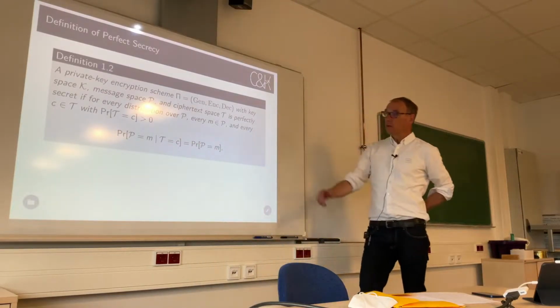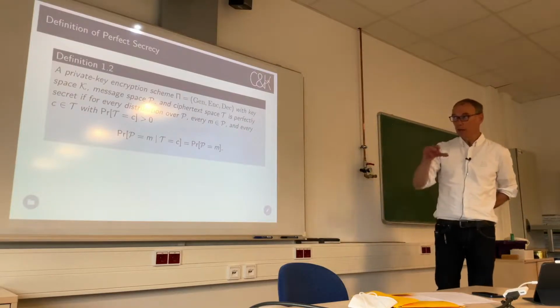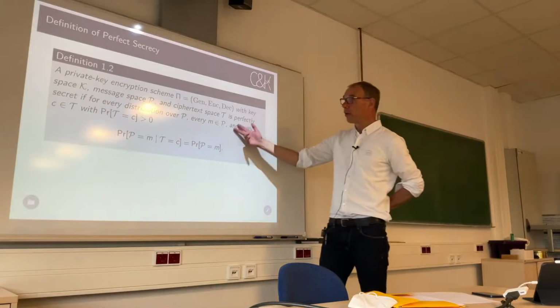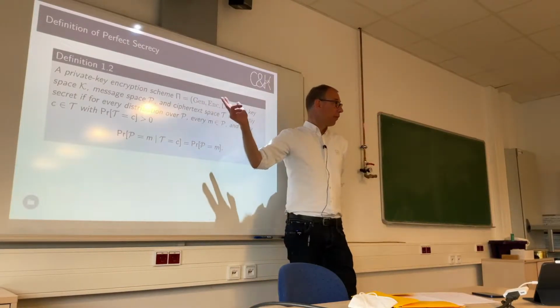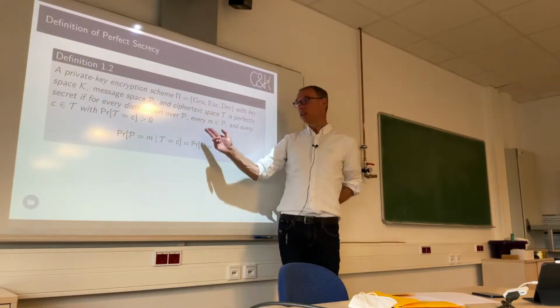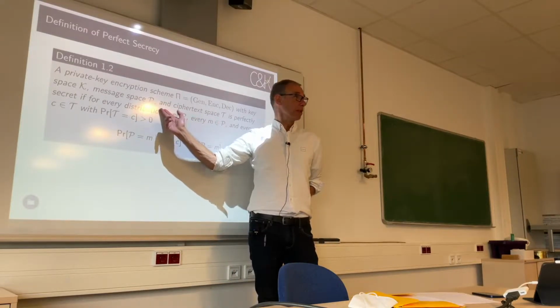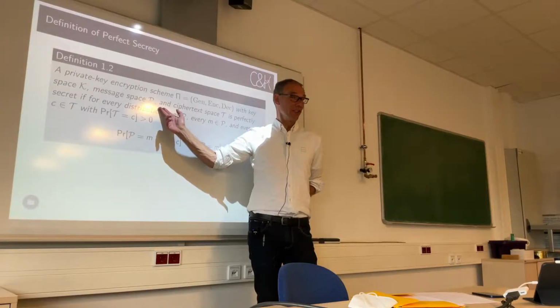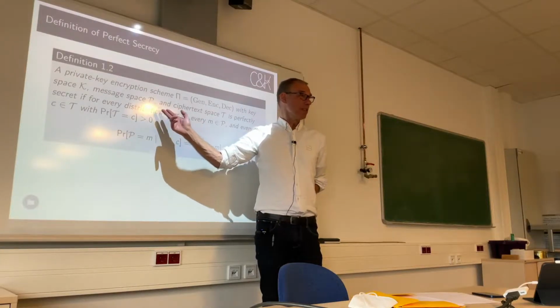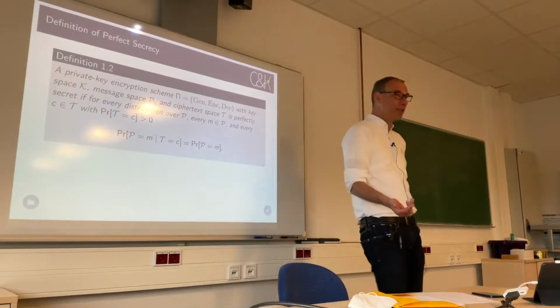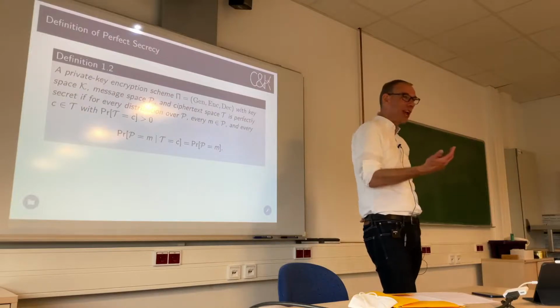The disadvantage of this definition of perfect secrecy is that to check whether a scheme is perfectly secret given this definition, it looks like we have to look at every probability distribution over the message space, which is annoying because there are infinitely many of those. Even if the message space is finite, there are uncountably many probability distributions, so it seems hard to check.